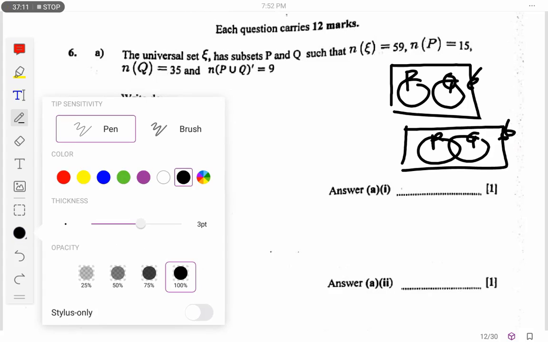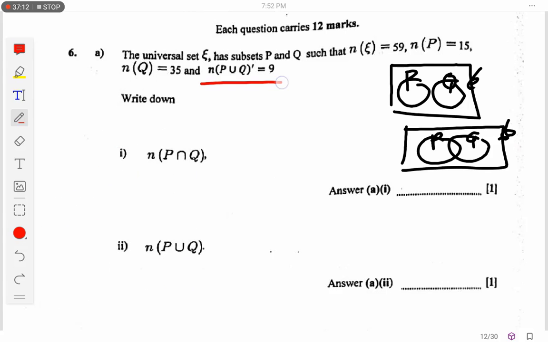Then they are saying this last part, which is very important. The number that are not in P union Q are 9. So the number that are outside there are 9. Okay. And you find out for P, we said it's 15, and for Q it's 35. So if we add 15 plus 35 plus 9, we are going to get 59 here.